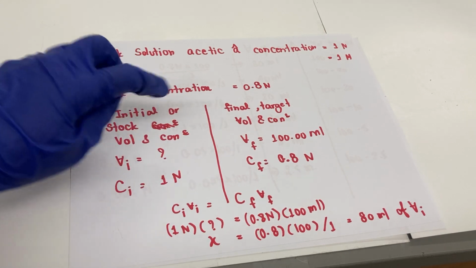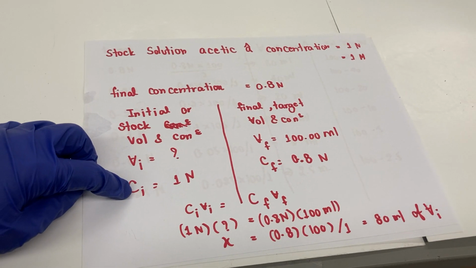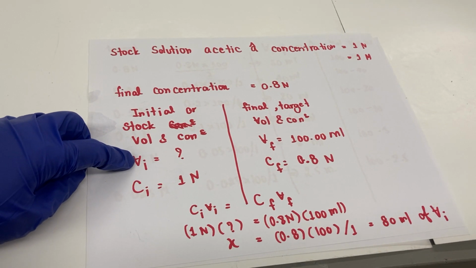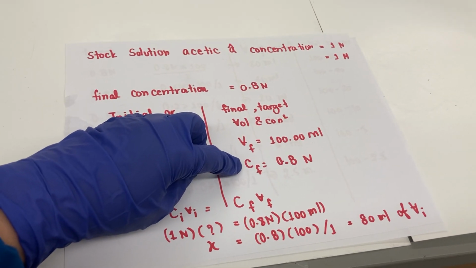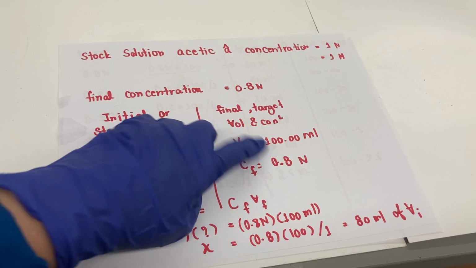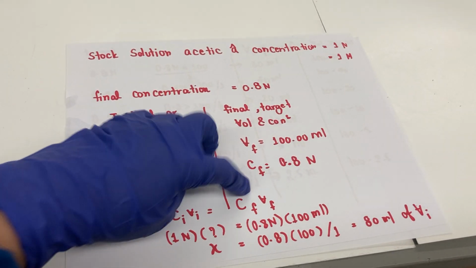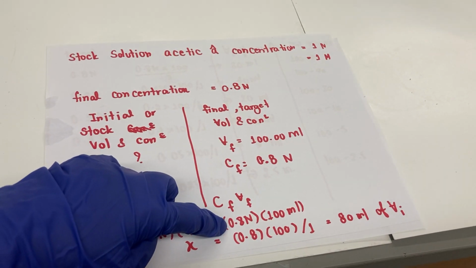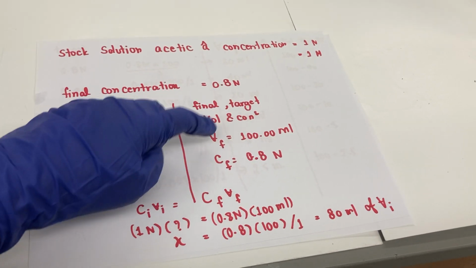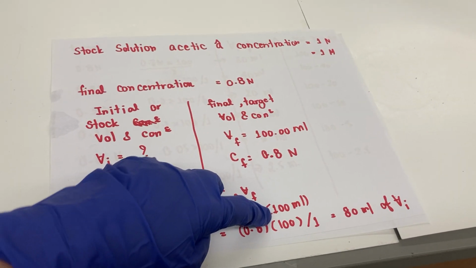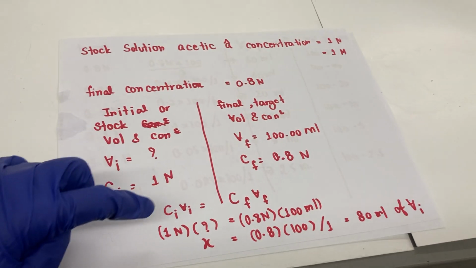So you're gonna set both sides equal: concentration initial multiplied by volume initial has to be equal to the final concentration 0.8 that you want and the final volume that you want. 0.8 is the target concentration, and 100 milliliters is your final volume that you want.